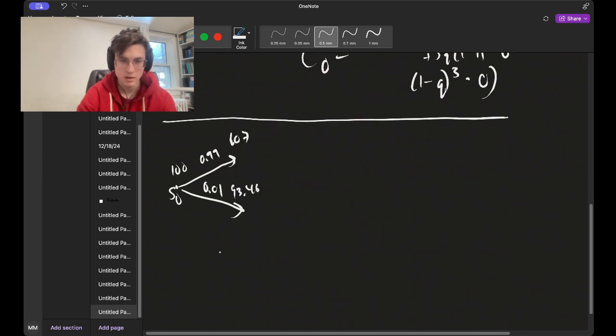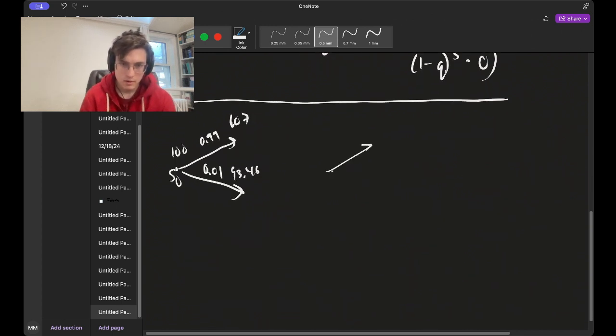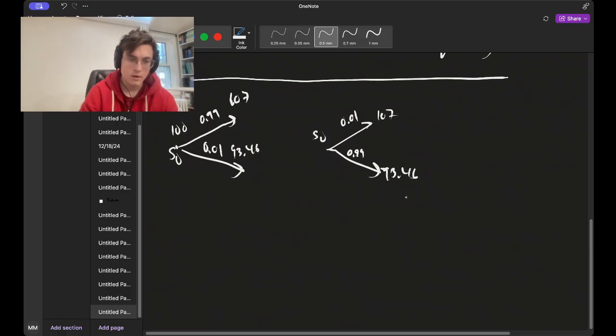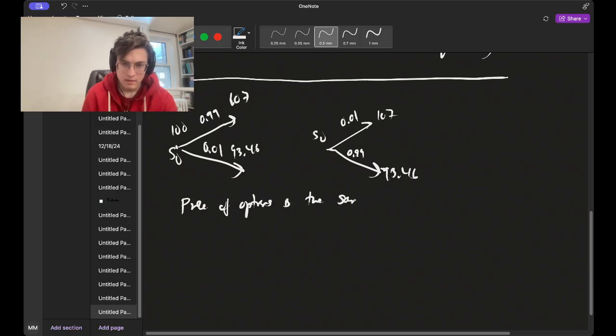So 99% up, 1% down, and then we have 1% up, 99% down, with 107 and 93.46. And based off our option pricing theory, the price of these options is the same. And you might be wondering, how can this be that the price of these two options is the same when this one is clearly that much better?